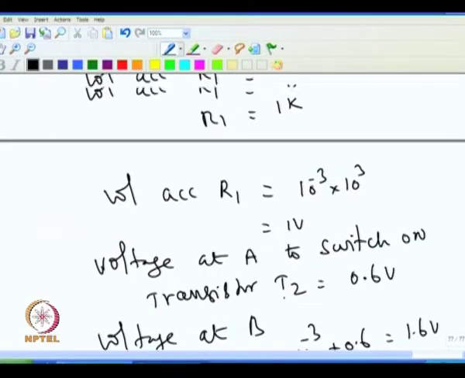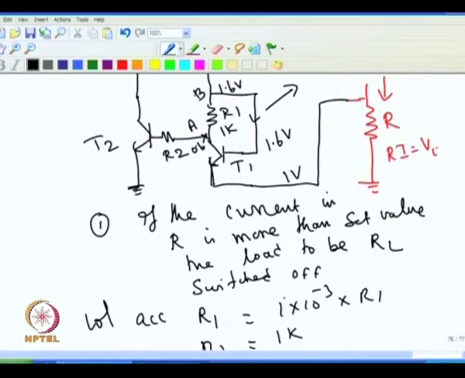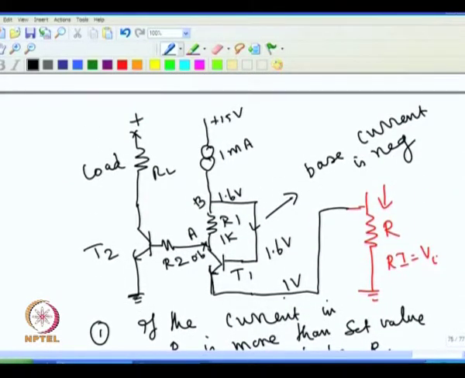So, the transistor acts like a comparator. So, we got switching: when the voltage at this point goes more than 1 volt, this transistor will be on. When the voltage at this point goes less than 1 volt, the transistor will be off.